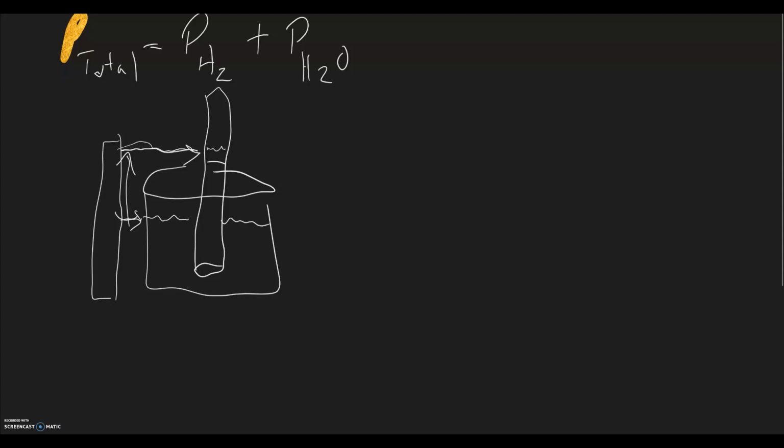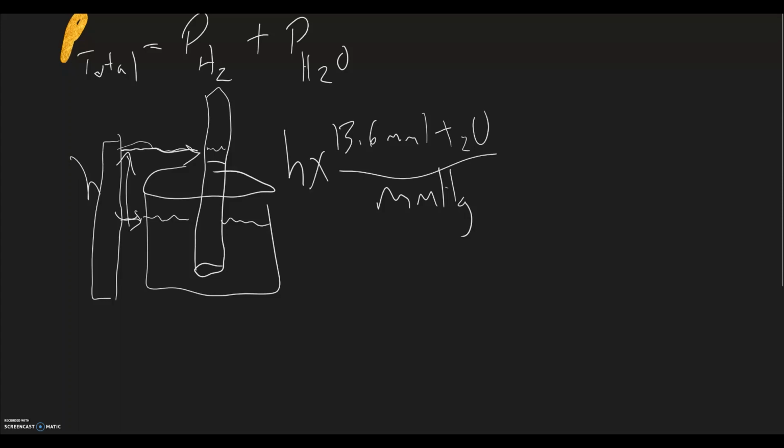And so we would use a conversion factor here of 13.6 millimeters of water per millimeter of mercury. And so you take this height difference, we'll list it as H here, and you're going to multiply by that.